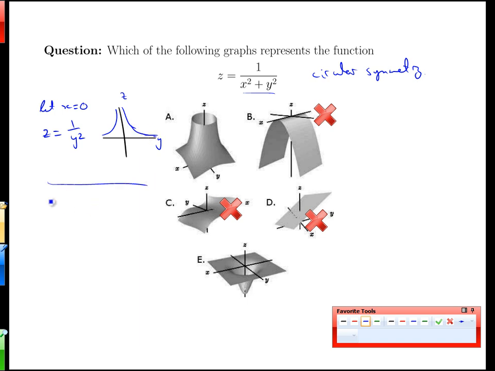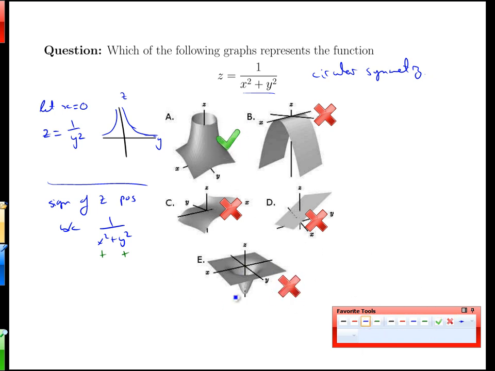Another way to look at it is the signs. The sign of z is the sign of the right-hand side, so that's going to be positive because 1 over x squared plus y squared is certainly going to be positive everywhere. Well, that rules out E here. So it can't be E, it will be A.